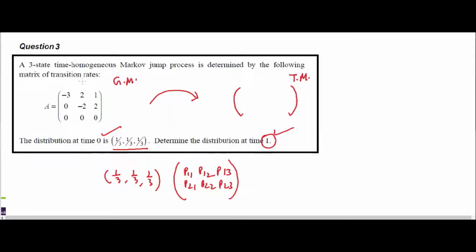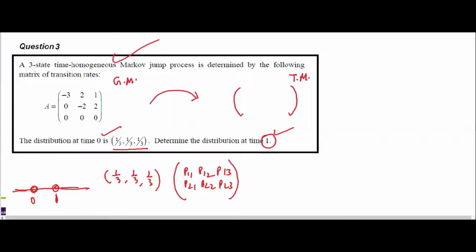Although nothing is given here, this is a continuous time stochastic process, because the generator matrix is given. This is an example from a continuous time stochastic process, but they talked about 0 and 1. That means though it's a continuous time stochastic process, we want to see only after each month.